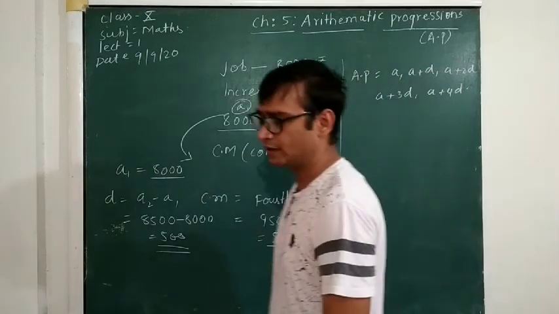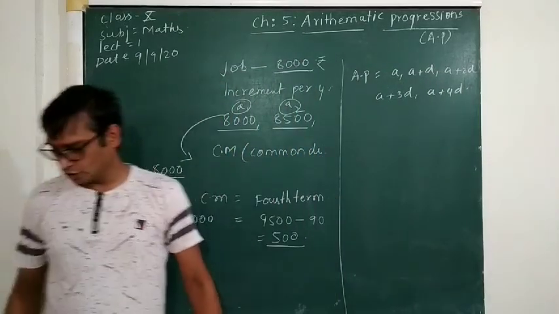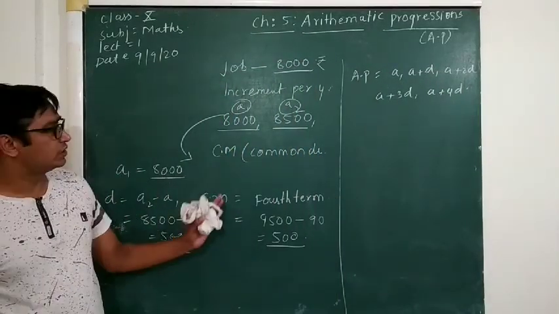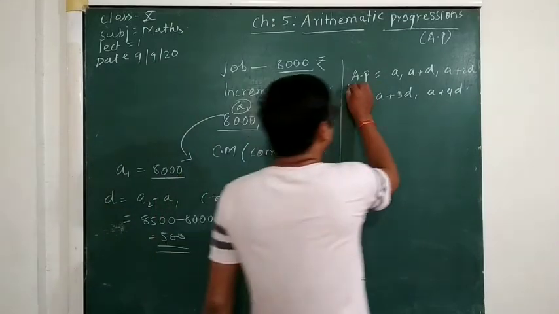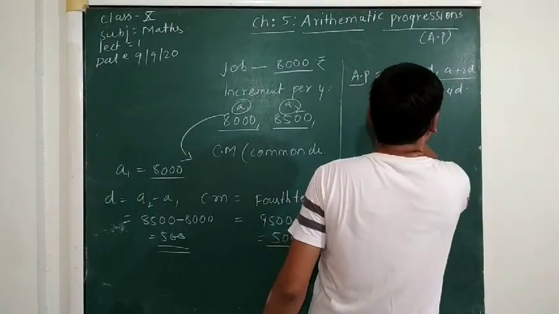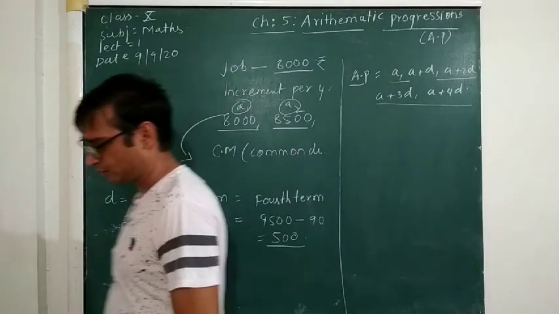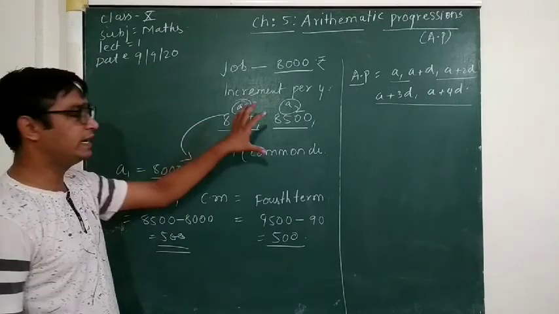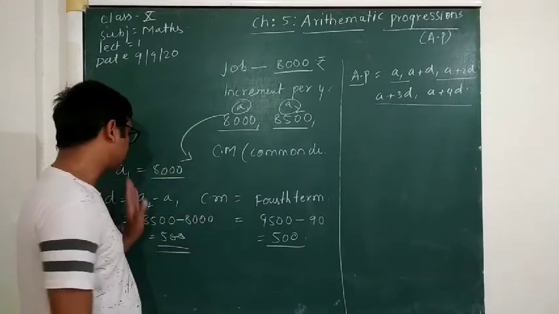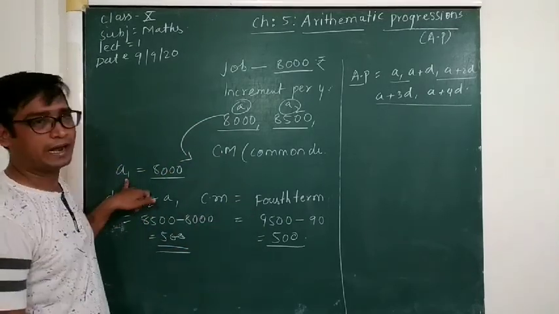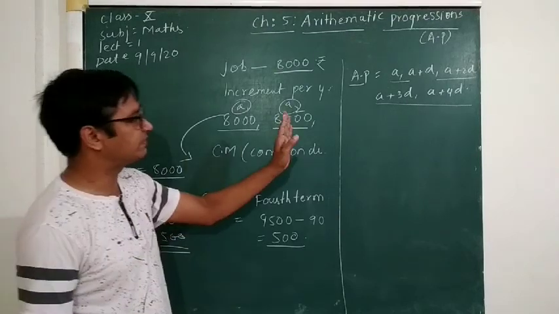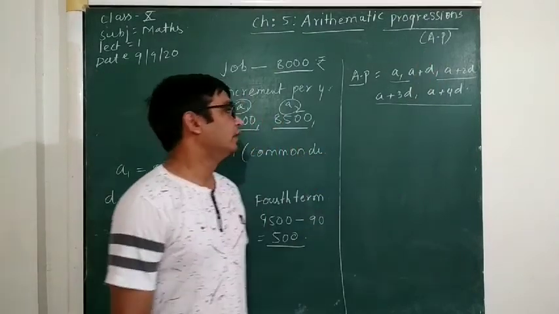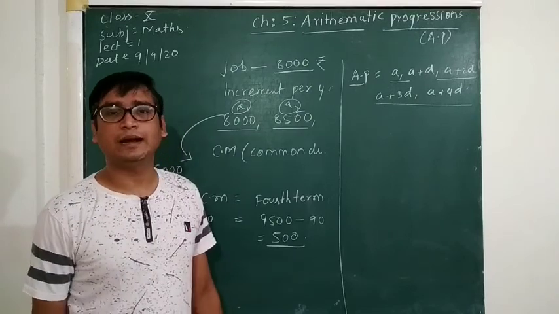So from this you can say your AP should be in this form. Any given data can be determined to be in AP or not just by using the first term and the difference. If the difference is found everywhere the same, you can say that it is in AP.